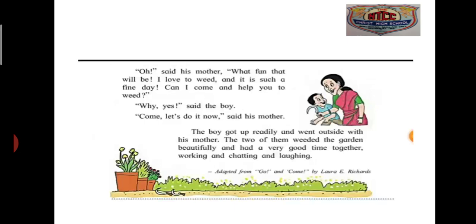They spent time with each other, and that's how they completed the weeding of the garden. The garden looked very beautiful, as you can see in the picture. This story is adapted from Go and Come by Laura E. Richards.